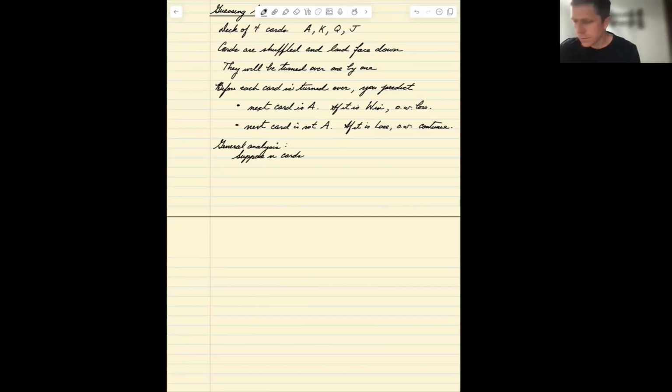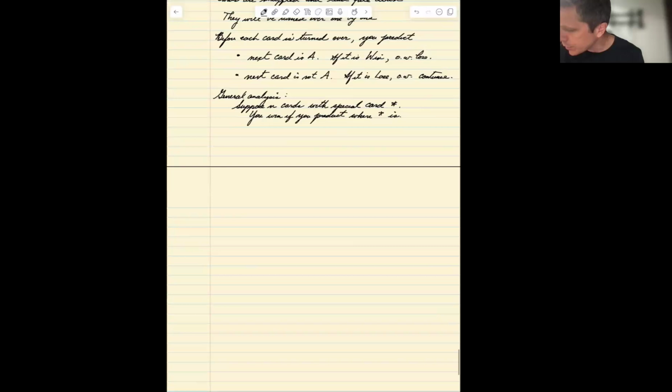an arbitrary number of cards, with one special card, call it star, and we win if you predict where star is. And so the question is, what should be the strategy?